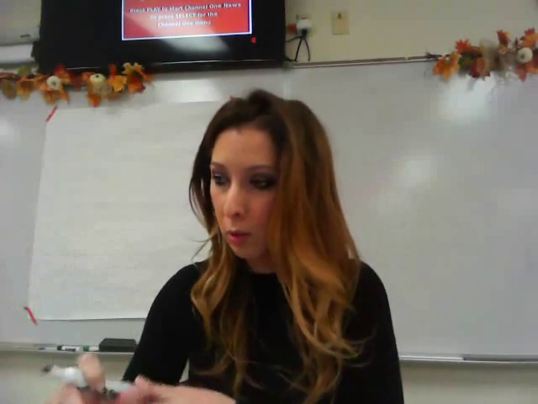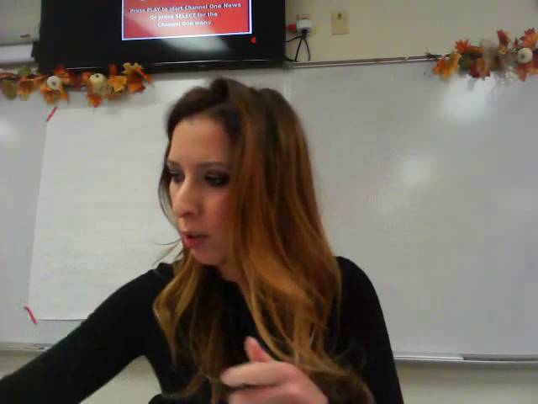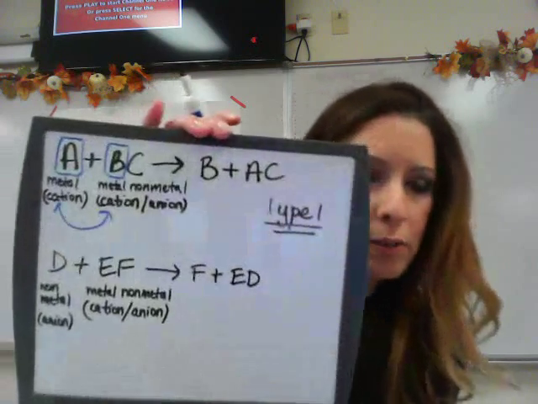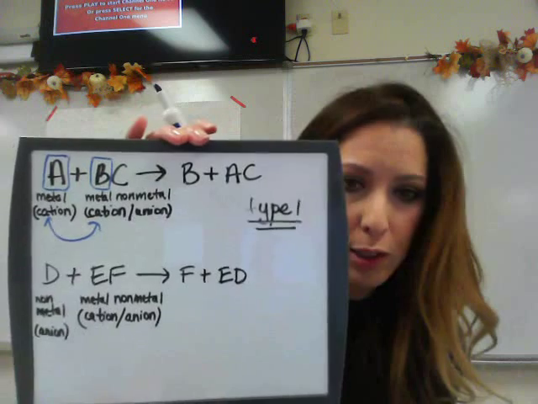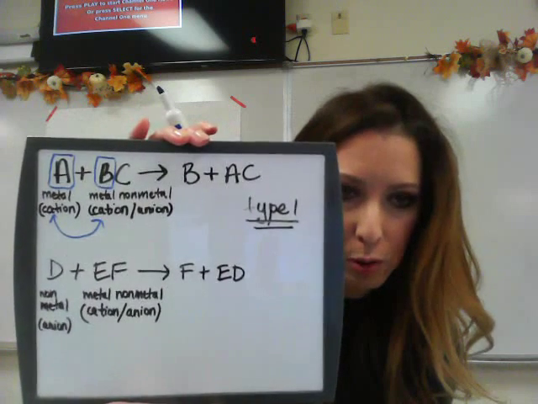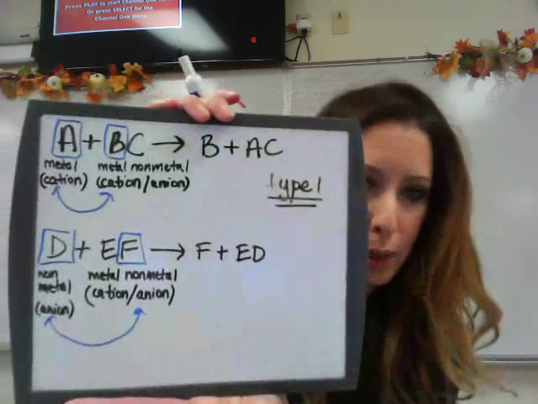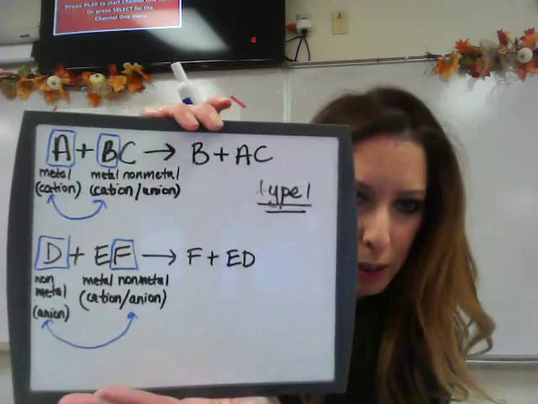So it may be useful for you to grab two different colored highlighters, and I would suggest making a note that up here in type 1, when you have a metal by itself, it switches with the metal that is in the compound, or the cations switch. And then in type 2 below, when you have non-metal D, it switches with non-metal F in the compound.